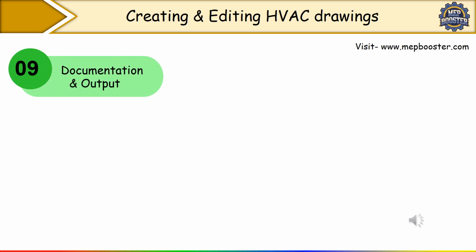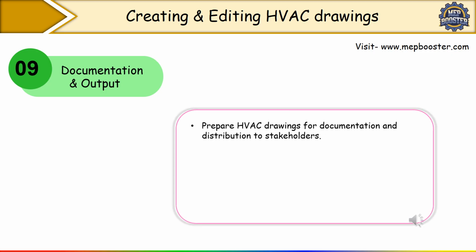Now the next one is documentation and output. For that you have to prepare the HVAC drawing for documentation and distribution to stakeholders. This involves organizing the drawing, ensuring clarity, and selecting appropriate formats for delivery.